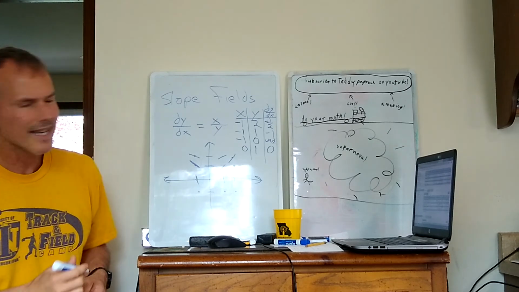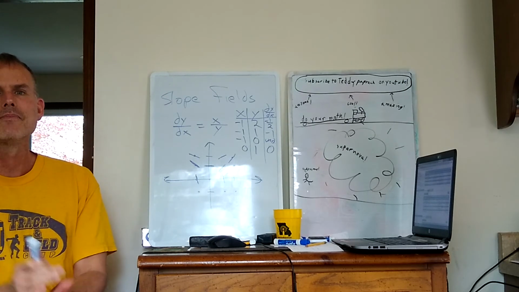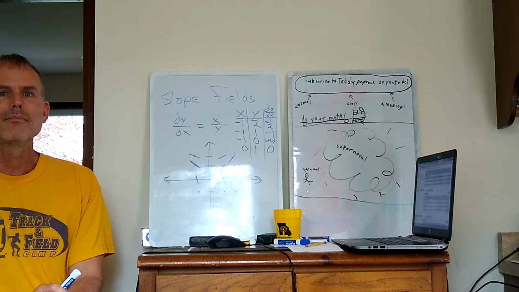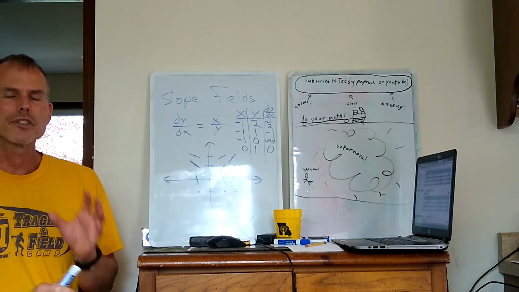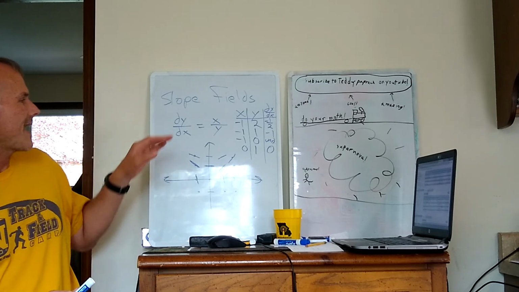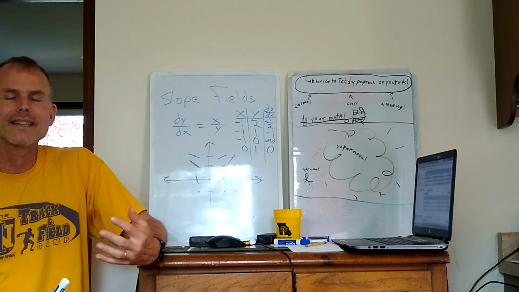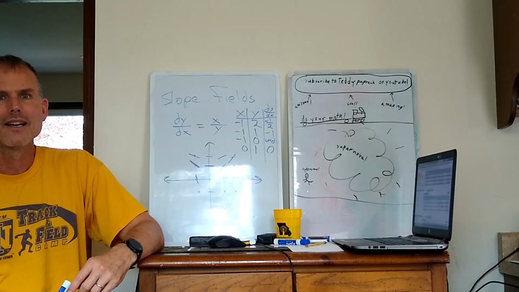Now, once I have a slope field created, the other thing that the AP exam often asks you to do is to draw a particular solution for the differential equation based on the slope field. Remember, to find a particular solution algebraically, we need a set of initial conditions, a point through which the solution curve passes.